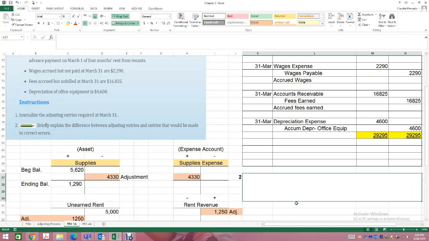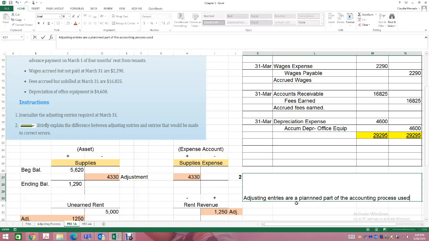Basically, adjusting entries are a planned part of the accounting process used to update the accounts.